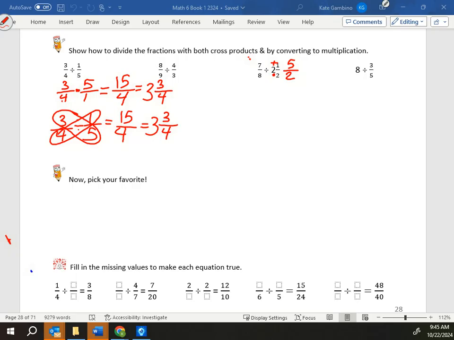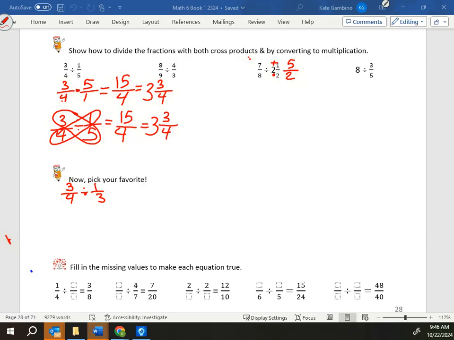And then on the bottom, he put, now pick your favorite. Now here's the deal. He didn't write in fractions for us, so I'm going to give you fractions to write in. So we're going to do 4, just like up top, and you're going to write these fractions in. So first we have 3/4 divided by 1/3.